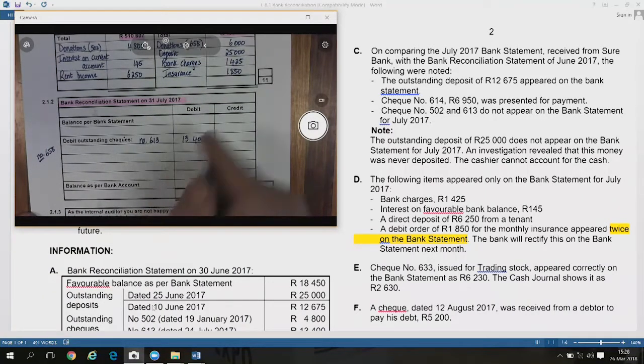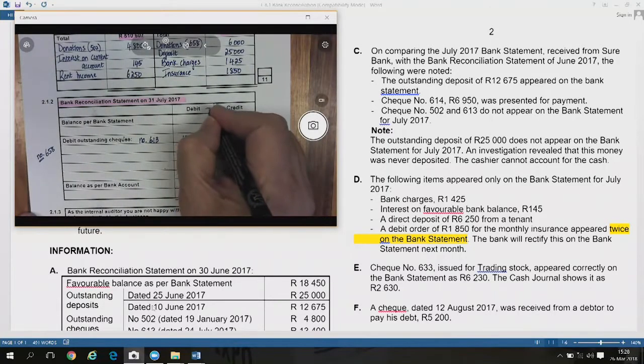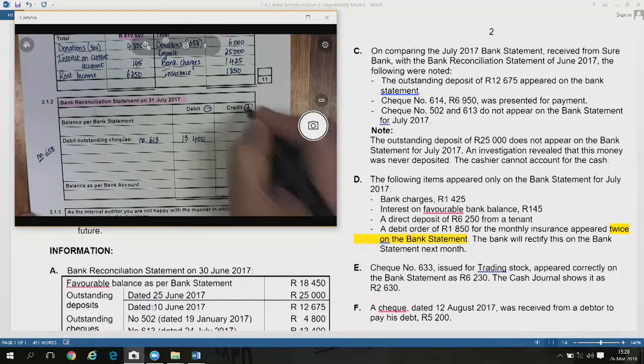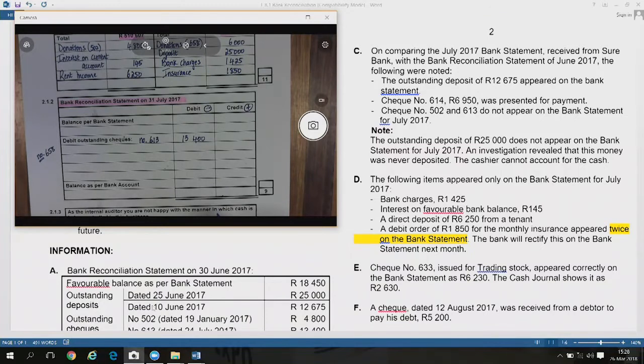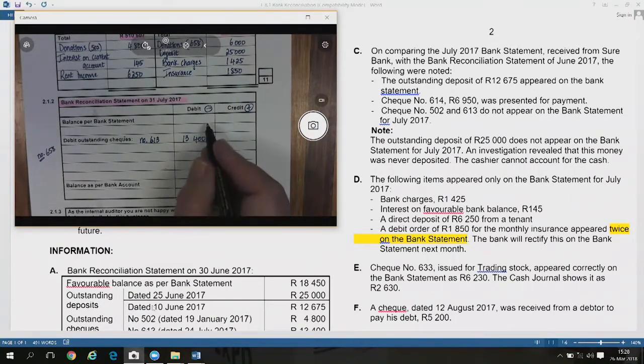Credit, okay, remember, this is minus, this is plus. The fact that they subtract the insurance twice means that they minus that amount.